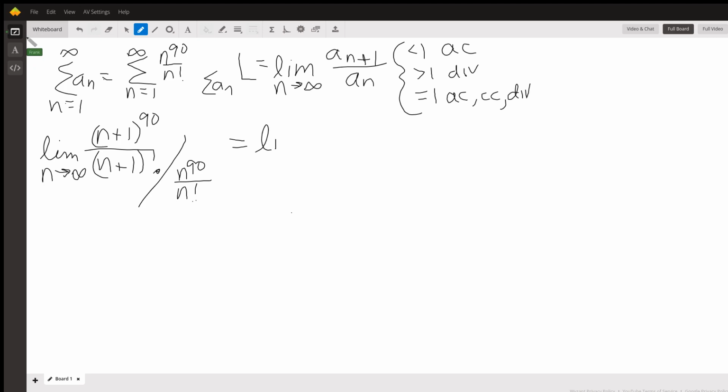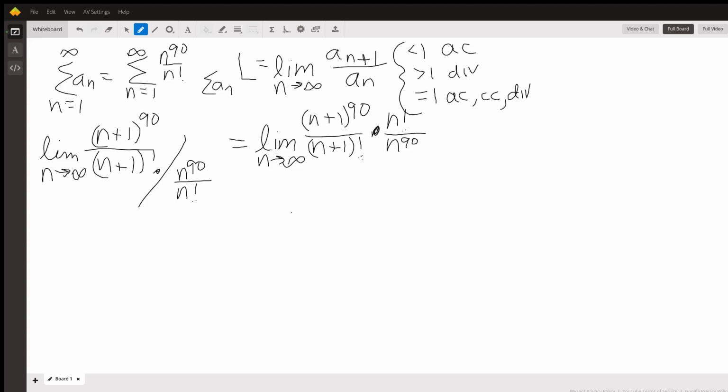So this is the limit as n approaches infinity of (n plus 1) to the 90th power divided by (n plus 1) factorial, times the reciprocal of what was on the bottom: n factorial divided by n to the 90th power.